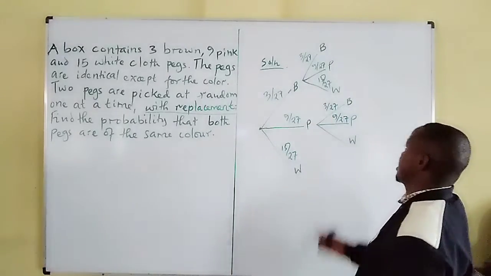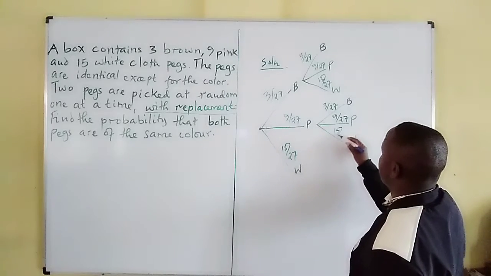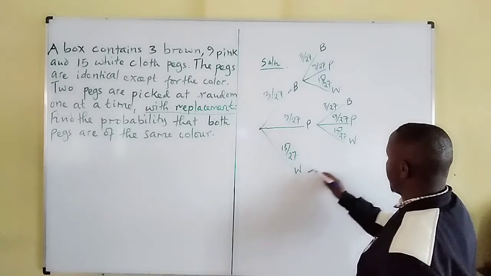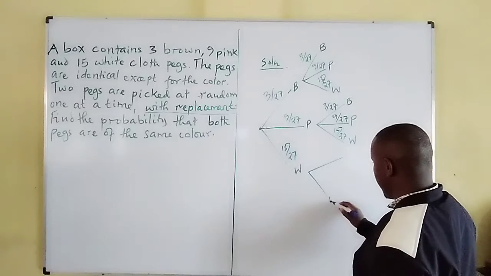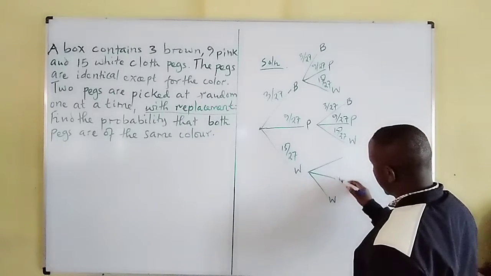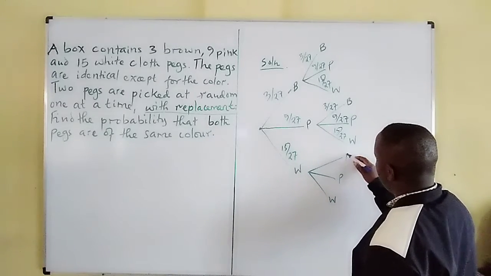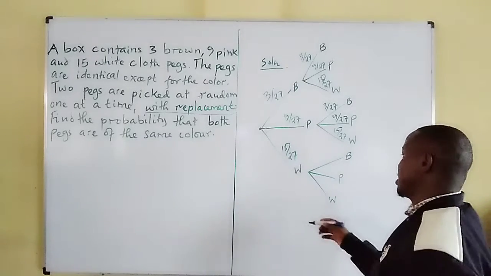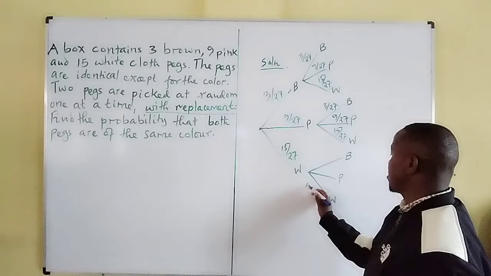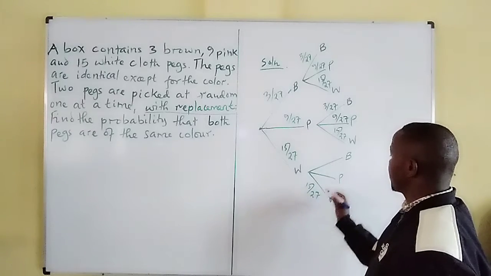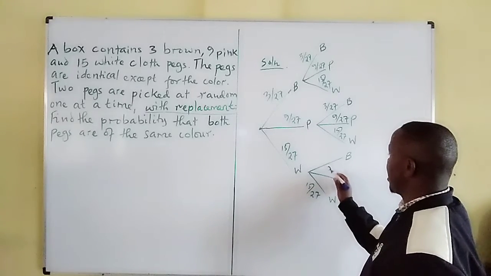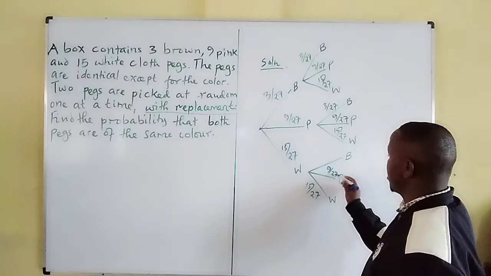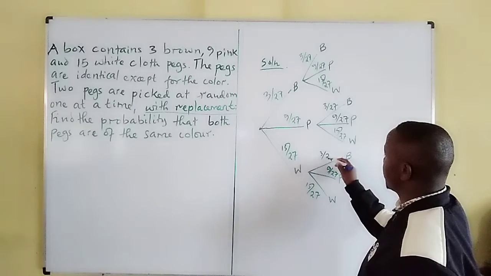Now there is replacement. Then finally 15 out of 27. If we had picked white, we can pick white again, a pink, or a brown peg. So picking white followed by a white remains 15 out of 27, then here we will have 9 out of 27, then 3 out of 27.